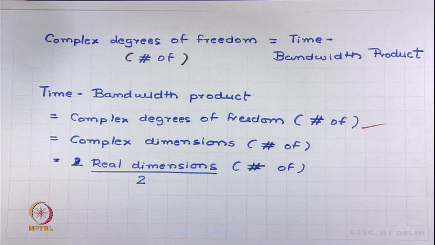They are interchangeable words. Sometimes you talk about dimensions, sometimes you talk about degrees of freedom. Complex degrees of freedom or complex dimensions are one and the same thing. So, time bandwidth product in certain books is also written as number of complex dimensions, and it would be same as number of real dimensions divided by 2, because number of real dimensions is 2 times time bandwidth product.